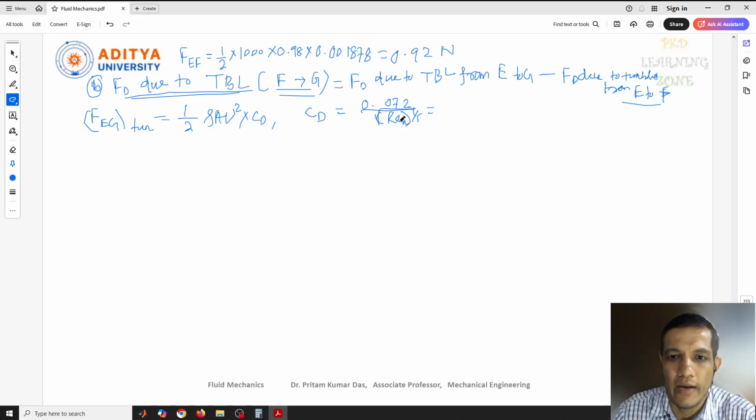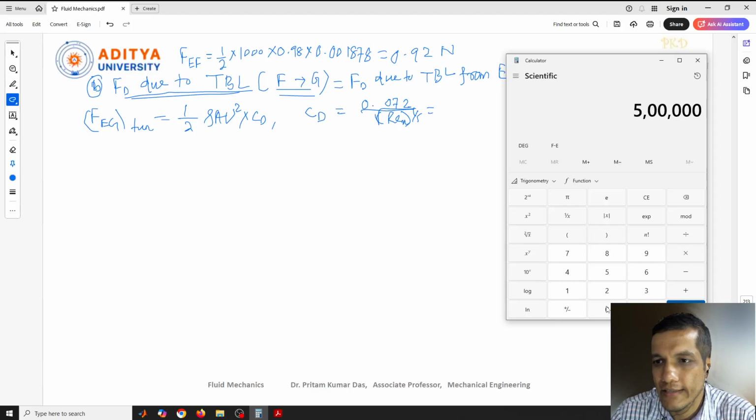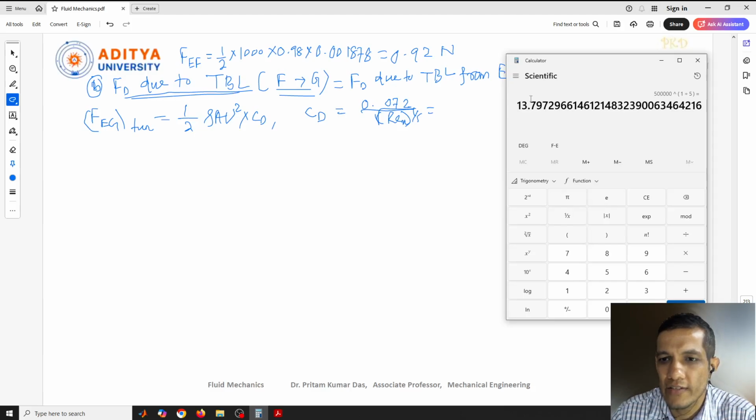Okay, REL to the power 1 by 5. So 5 lakhs to the power bracket start 1 by 5 gives 13.79, or 13.8 I can say. So 0.072 divided by 13.8, this is the value we will get.